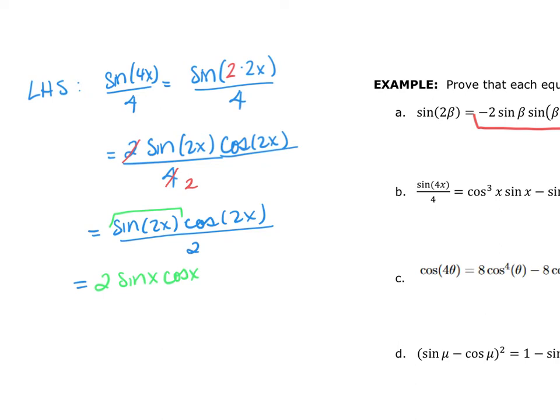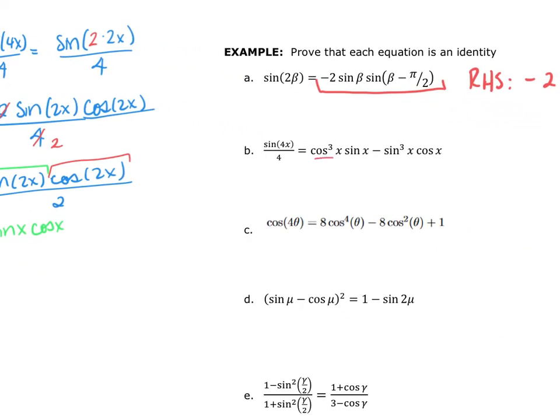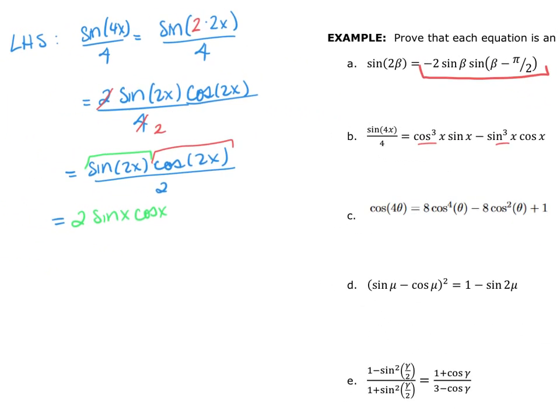Now, I'm going to use the double angle for cosine, but I have to keep my eye on the prize. I want to have cosine squared, sine squared. So the replacement for cosine 2x is going to be cosine squared x minus the sine squared x, and then we're still dividing by 2.